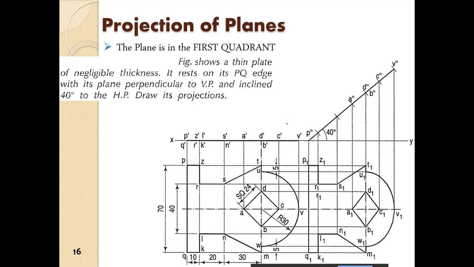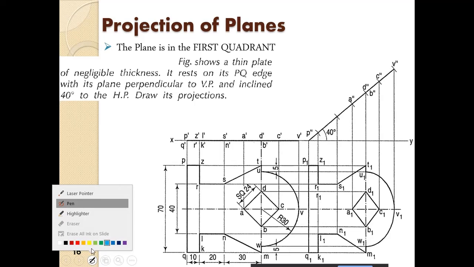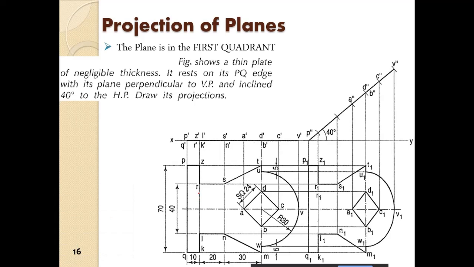Only thing is that for the corresponding points, you have to be very careful where the points will meet. Okay, so first of all, here also we consider it to be lying on the HP itself. Then along this edge, you hold at this point V and you lift it up.